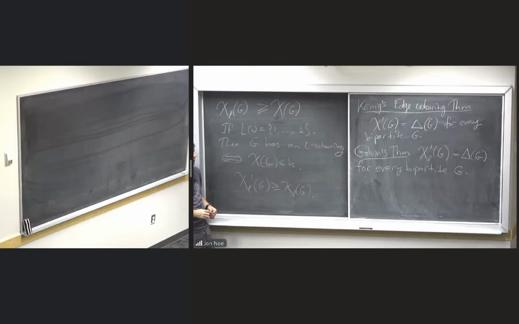So yeah, no matter how you assign lists to the edges of the graph, if you've got at least delta colors in every list, you can find a coloring.